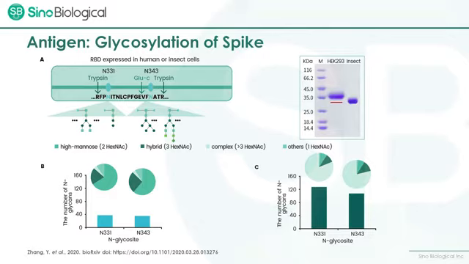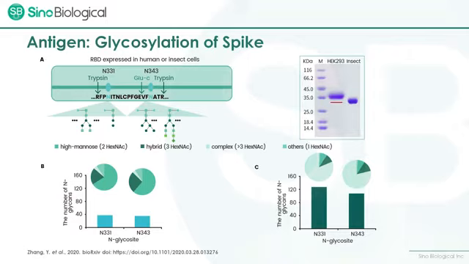Here is a diagram from one reference showing that a couple of molecules can be modified on the RBD region. We also see that in our results when using HEK293 cells and insect cells for expressing part of the spike protein.